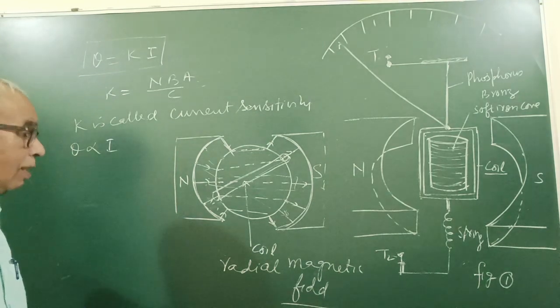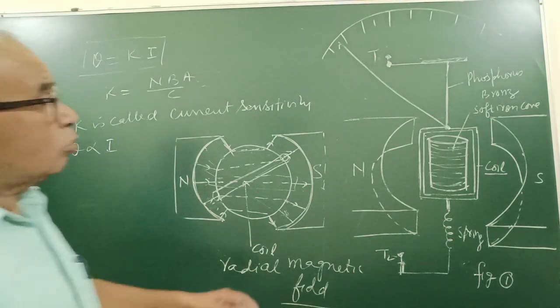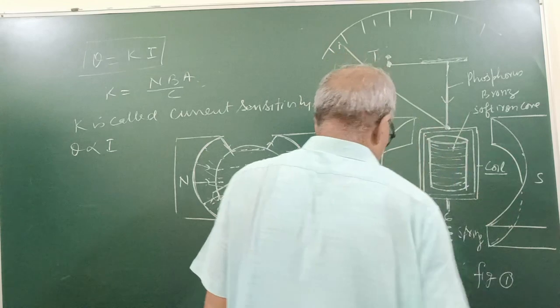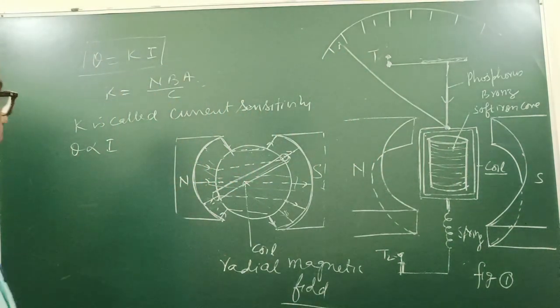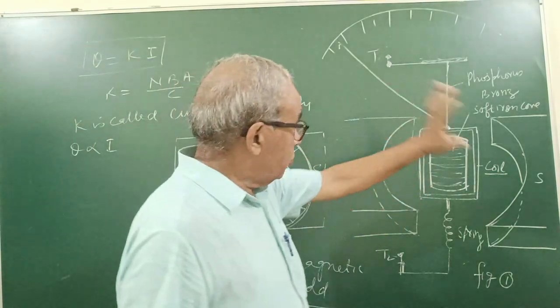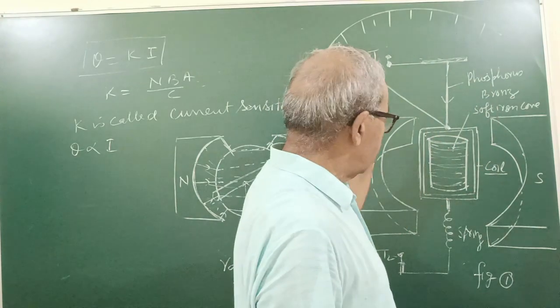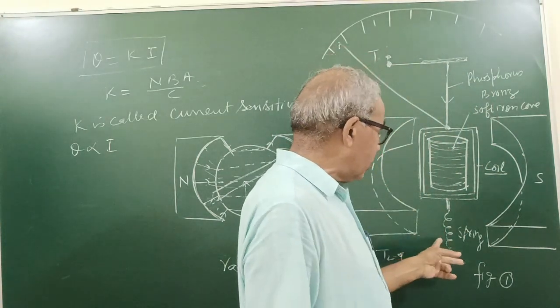In radial magnetic field, torque produced by current passing through this is tau equal to NBIA sin 90, and that torque produces rotation in the coil. That rotation of coil produces twist in the spring.